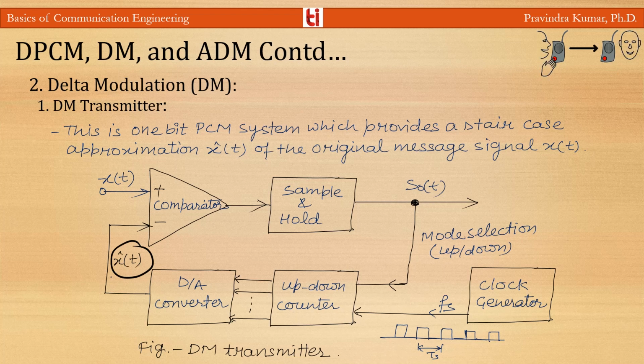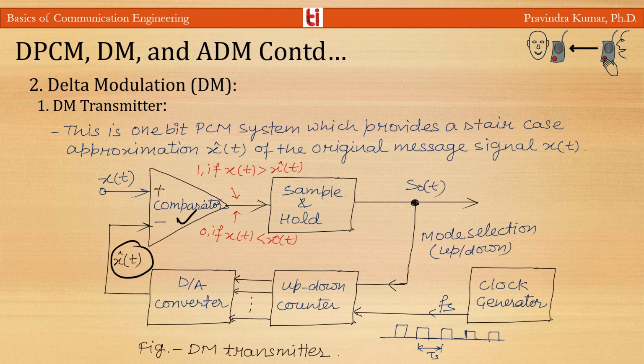Both are applied to the comparator. The comparator output goes high if x(t) is greater than x cap(t), and goes low if x(t) is less than x cap(t), so the comparator output is either 0 or 1. The sample and hold circuit holds this level, 0 or 1, for the entire clock cycle period.